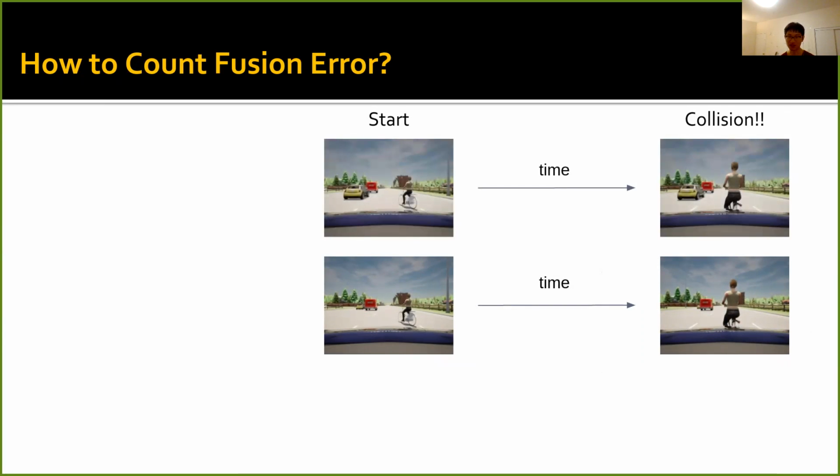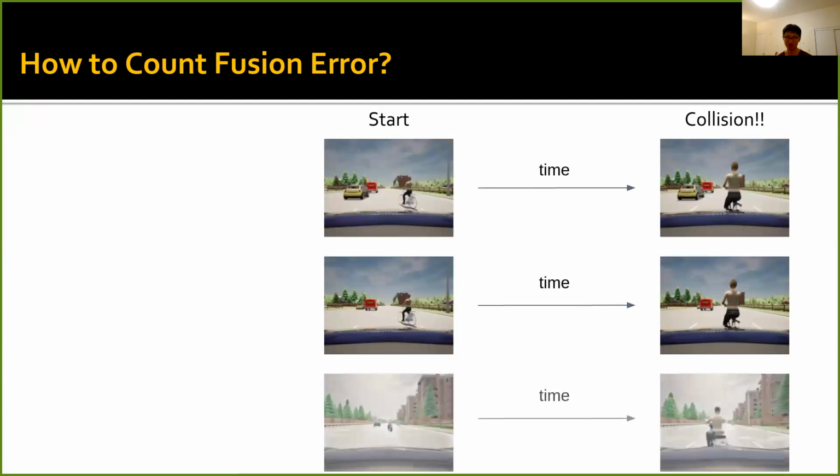Now, these two look very similar, right? The only difference is that the vehicles on the left lane are a bit different, but they are not really influencing the behavior of the ADAS, right? Now there's a third one at the bottom where there's a motorcycle way ahead and then a collision happens. This one looks very different from the first two.